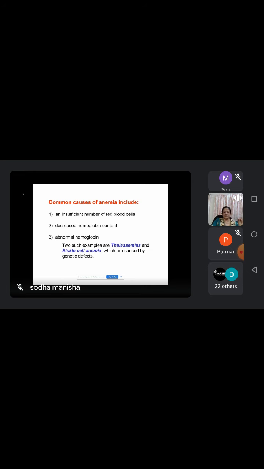Anemia resulting from destruction of red blood cells is known as hemolytic anemia.